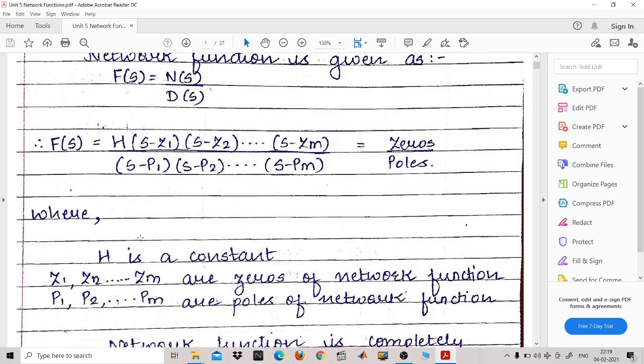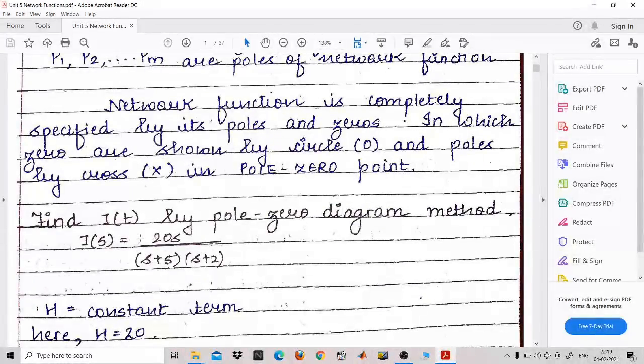If you equate these two functions, this 20 is a constant term. This is the H value, so we have written H equals 20. Now you can see in the numerator you are getting only one s.